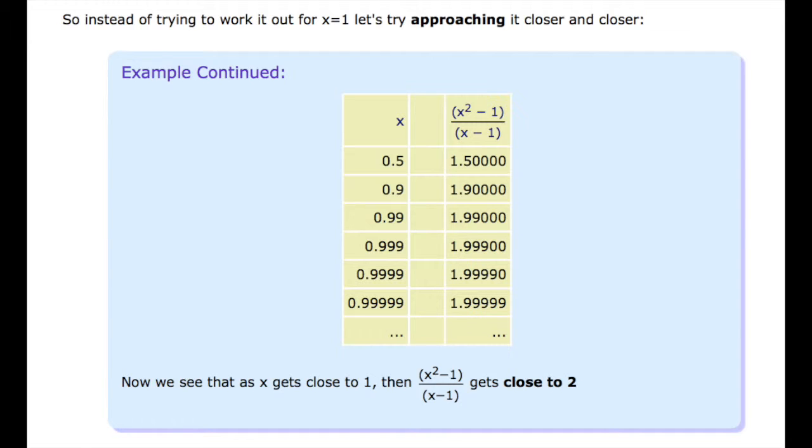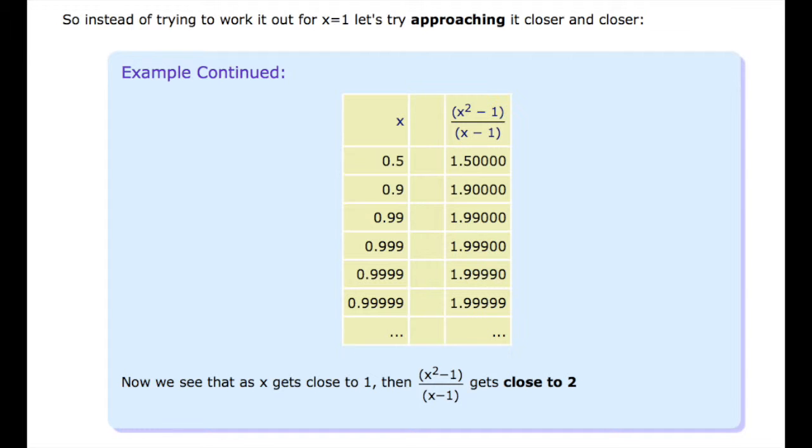And as the number gets closer to 1, for example 0.9999, we will have an output of 1.9999.